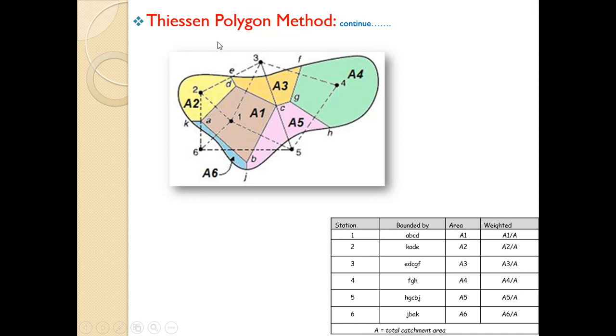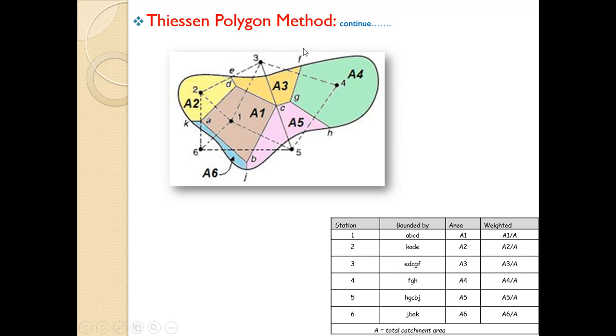But in the Thiessen polygon method, weightage is given to all the stations lying inside as well as outside. So all these stations are joined with straight lines, and triangles are formed. Then perpendicular bisectors are drawn on all the sides of the triangles.